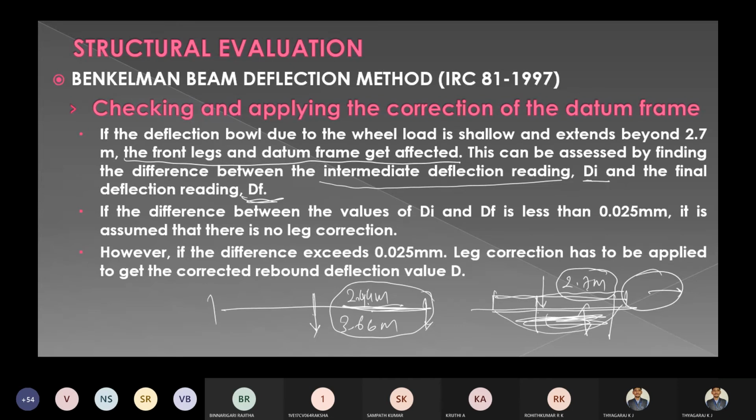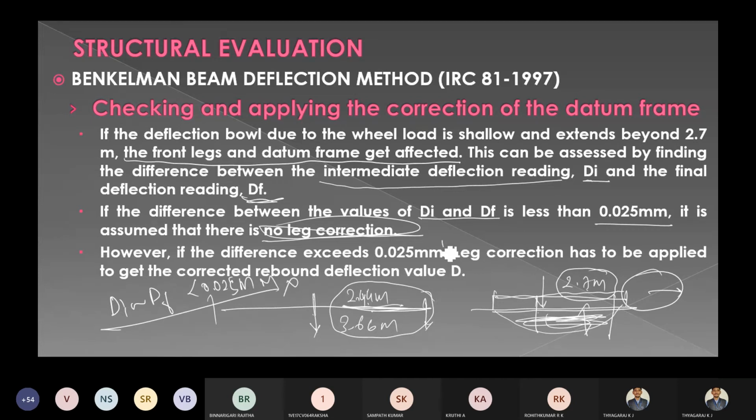If the difference between DI and DF is less than 0.025 mm, it is assumed that there is no leg correction. So remember, when the difference between DI and DF is less than 0.025 mm, no leg correction is required.